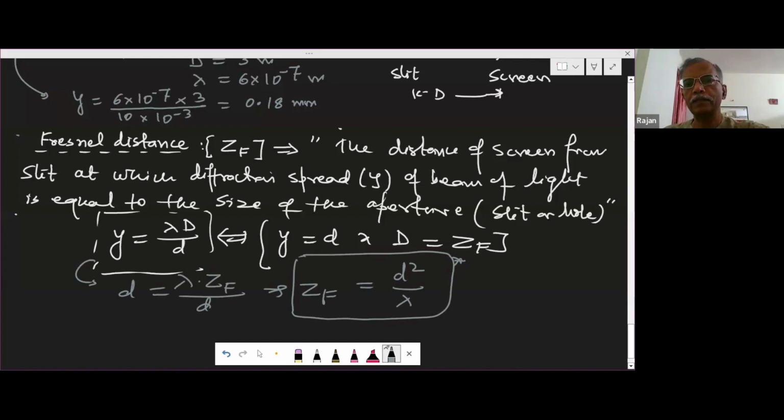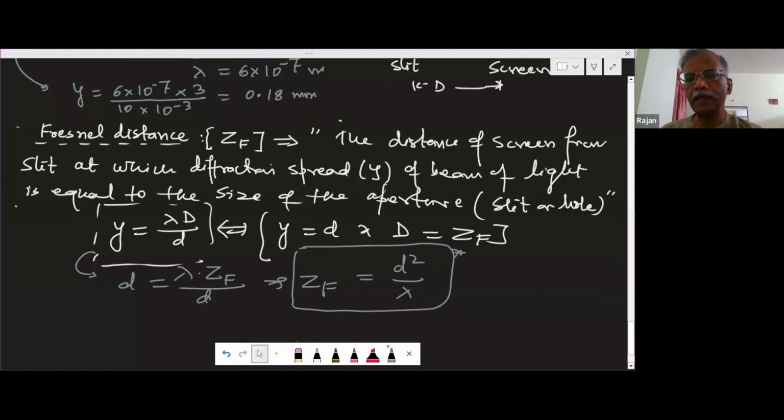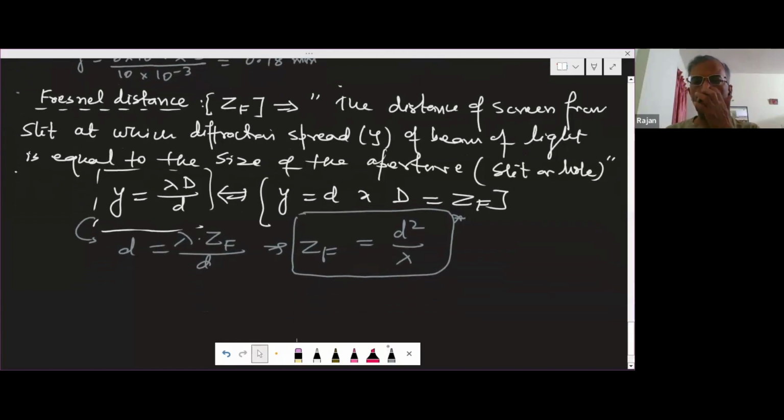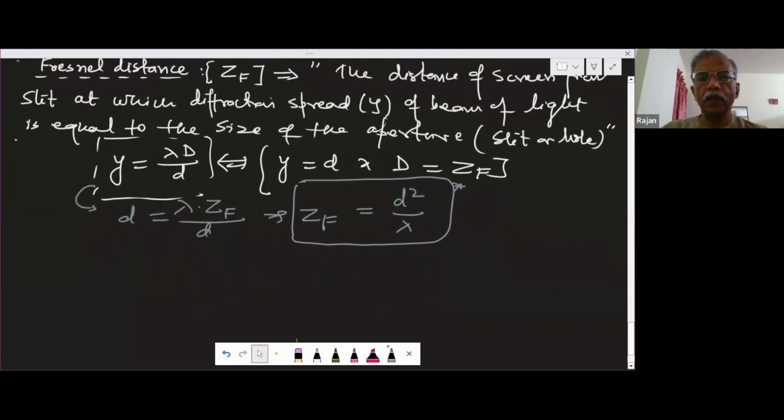Now, if D, the distance of the screen from the slit, is less than ZF, we can say that ray optics is valid. You are able to understand that, right? ZF is a point where your y becomes exactly equal to d. How come?